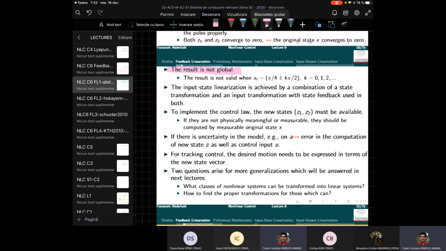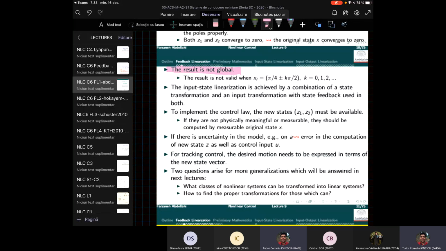If there is uncertainty in the model, there is an error in the computation of z, but we are not talking about these things, in the sense that the models that we take into account in this lecture are kind of exact for tracking control.